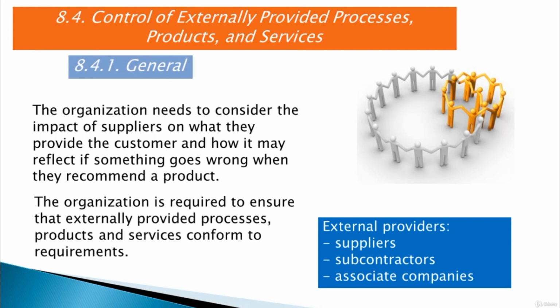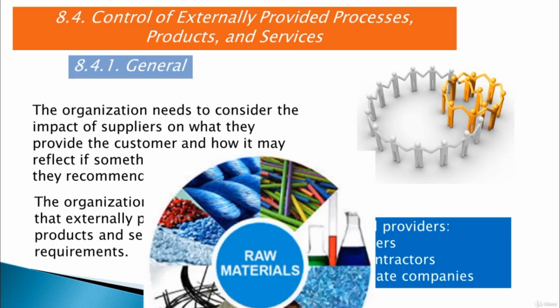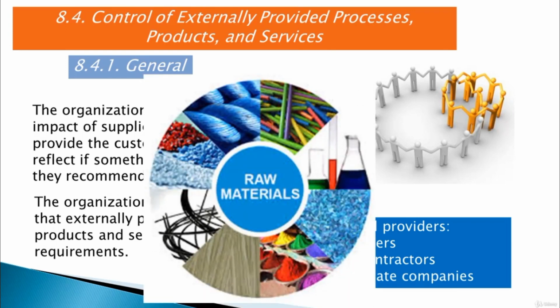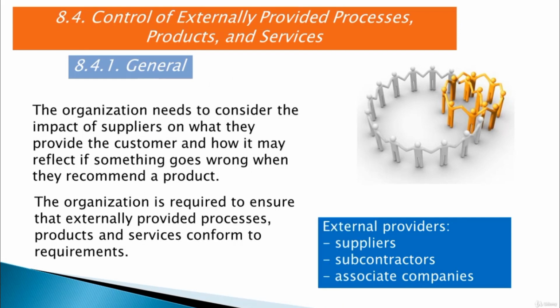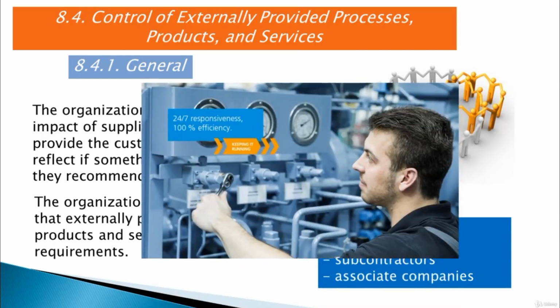Generally, the organization is required to ensure that externally provided processes, products, and services conform to requirements. Now, when we say processes or products or services, it could be in the form of raw material, so our organization is purchasing raw material from the supplier, or maybe hiring or outsourcing a corrective maintenance team.